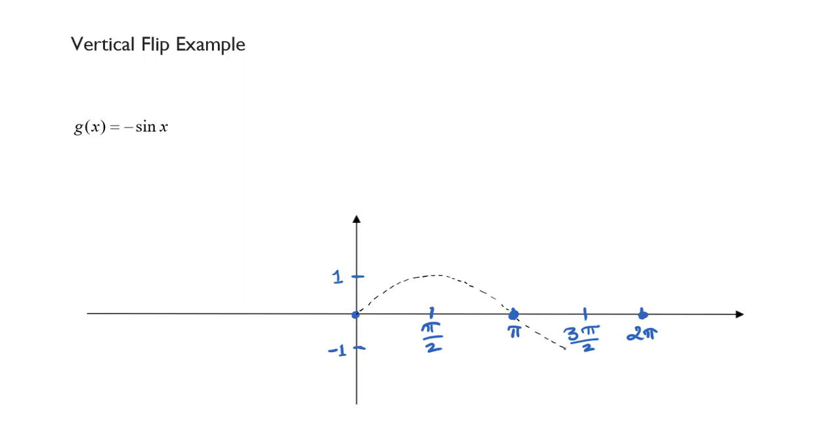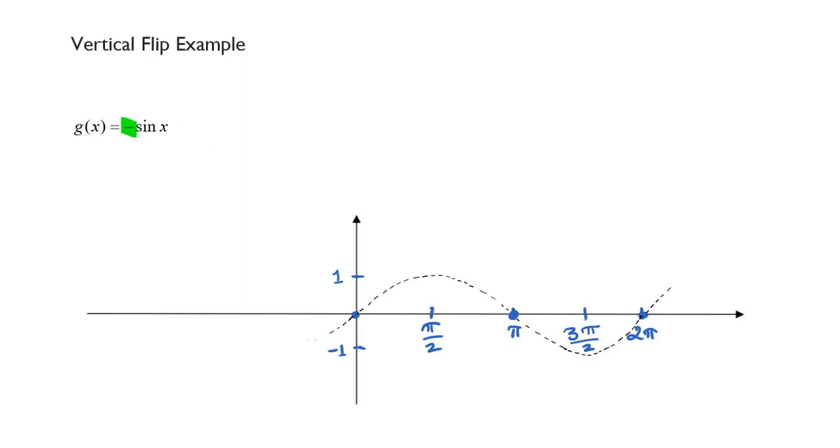And of course it continues on to the left and to the right of this one period that we graph, but usually one period is sufficient to show that you know what you're talking about. Now I'm going to flip it over because remember the negative on the outside says the function is reflected about the x-axis.